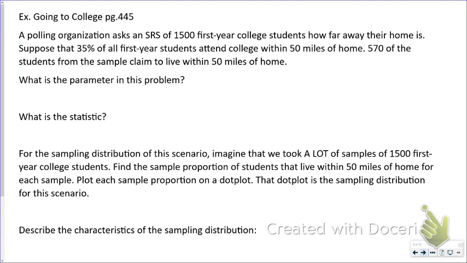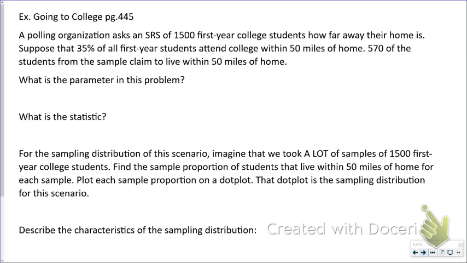They tell us we're looking at first-year college students and how far away they are from home. They do an SRS of 1,500, and 35% of all first-year college students live within 50 miles of home. In the sample, 570 of them do.